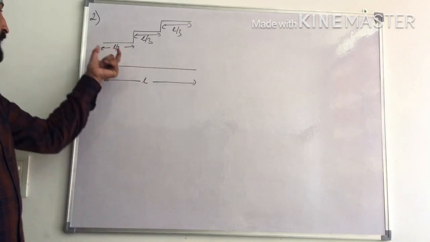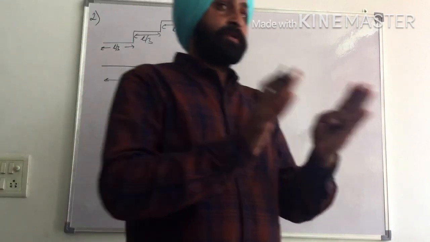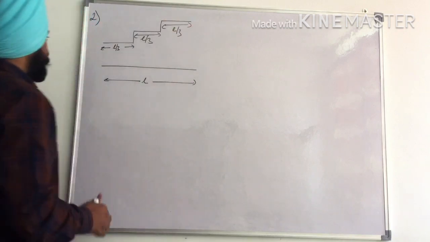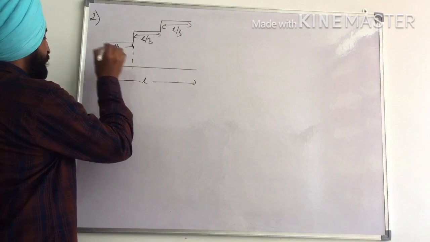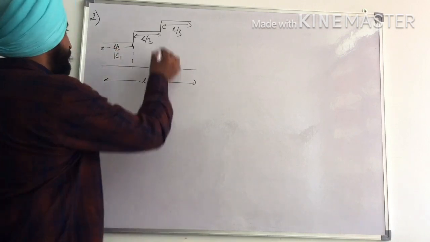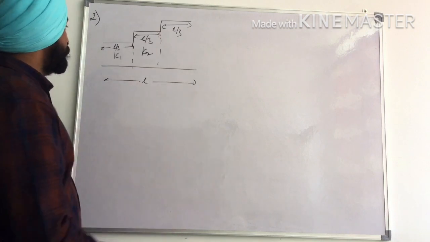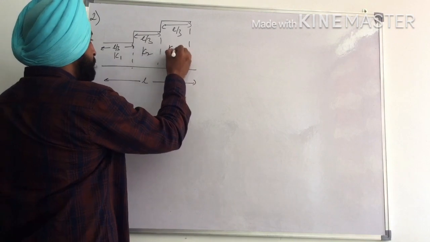L is the length of the plate, and L by 3, L by 3 and L by 3 are three equal parts of the upper staircase. And we are given that the first part is filled by a dielectric of dielectric constant K1, the second part by a dielectric of dielectric constant K2, and the third by K3.